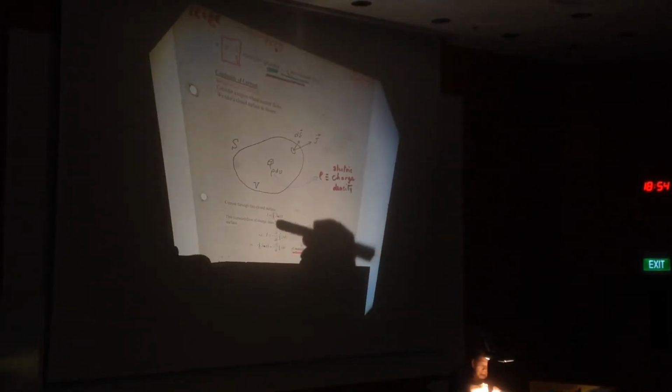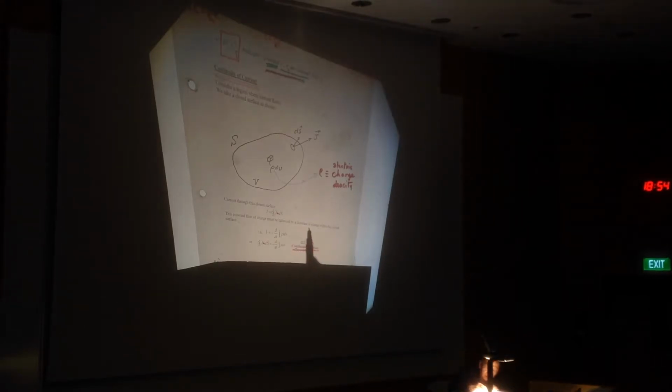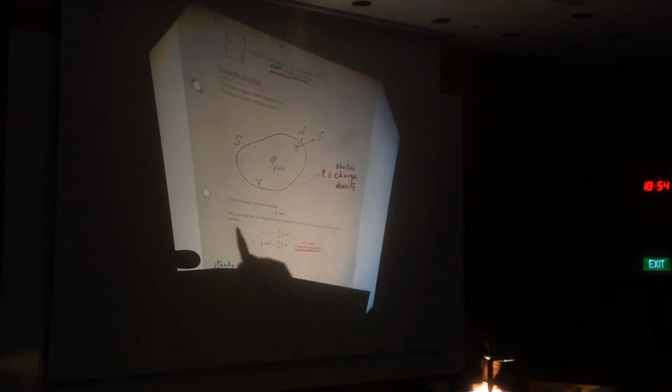The outflow current will be balanced by the decrease in the charges inside the volume. Otherwise, something is wrong. Charges must be preserved.